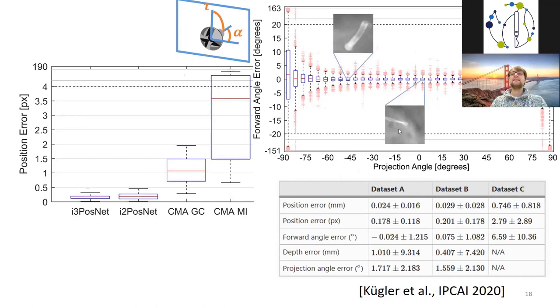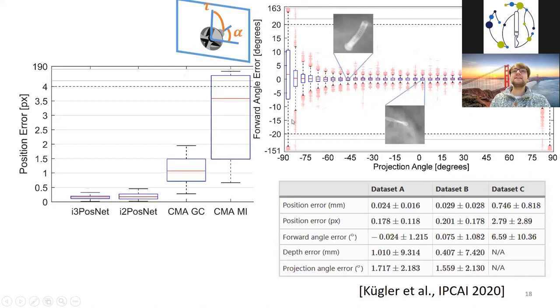So if we analyze these errors now with respect to the projection angle, and remember the projection angle is this tilt angle, and this figure up there is showing how the tau changes. So that's the changing projection angle. We can see that if this projection angle is close to 90 degrees, which is the case here now, then the instrument axis and the projection axis almost align, and that makes it very difficult even for us to figure out this angle alpha here, because we don't really have anything to follow up on.